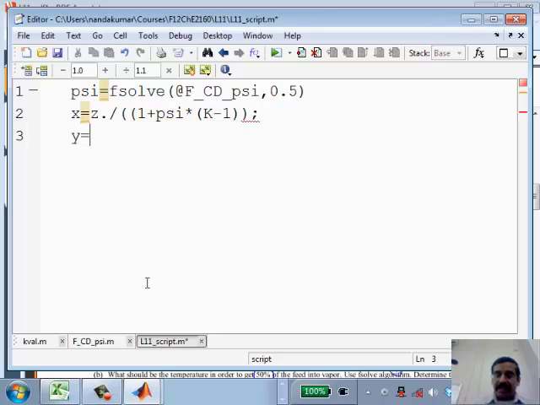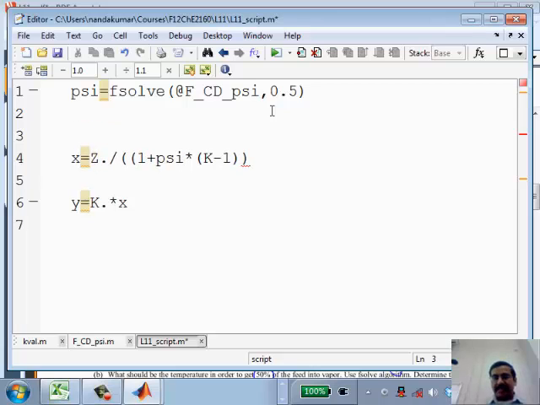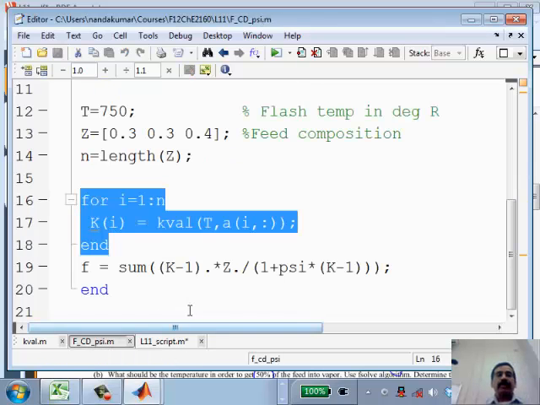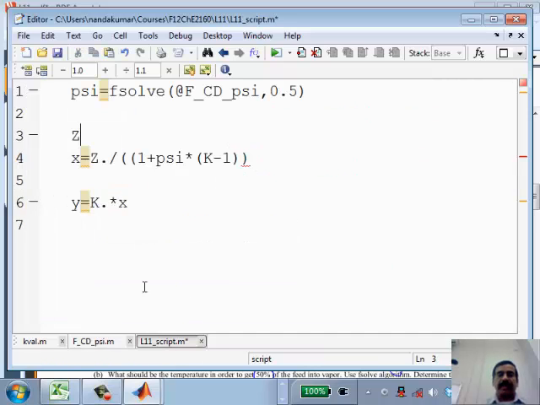And y is equal to k times x with a dot. These are the basic equations I need to be able to calculate the liquid composition and the vapor composition. Now Z is going to be the feed composition. So I need to define what Z is. Z was defined inside that function. If I open that function, Z is defined here. So I can just copy this and paste it into the script.